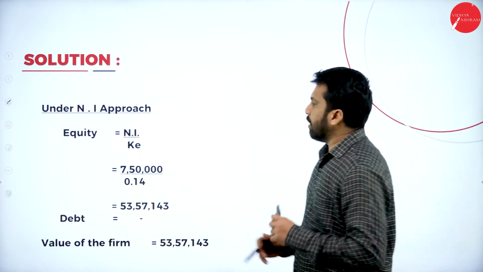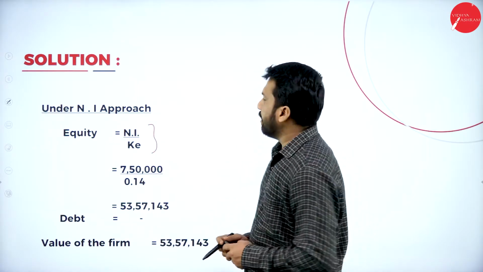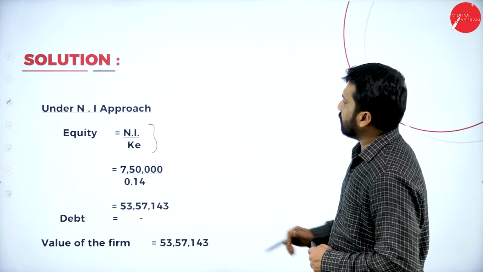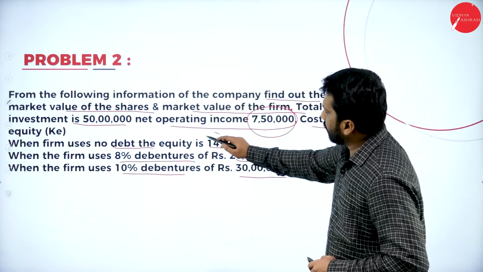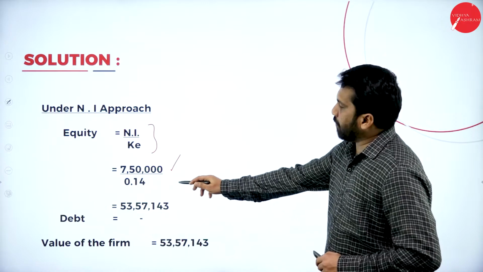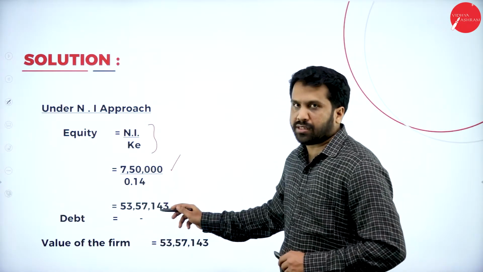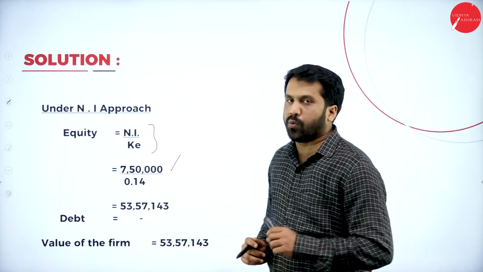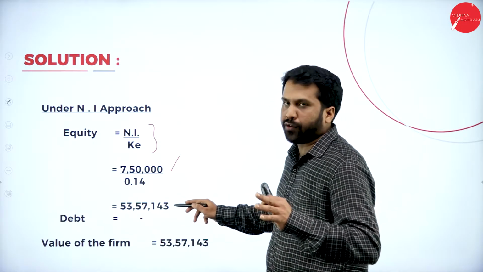The NI approach is what? NI divided by cost of equity. What is the NI? Your net income they have given is 7,50,000. Cost of equity is how much? As per the first one, it is 14%. 7,50,000 divided by 0.14, you get 53,57,143.